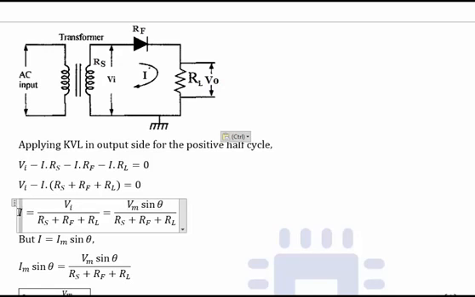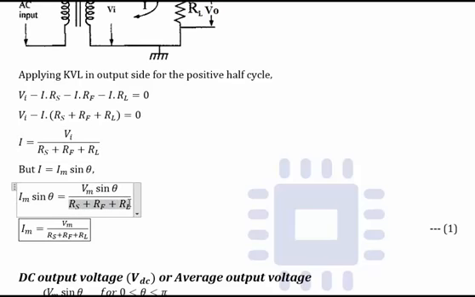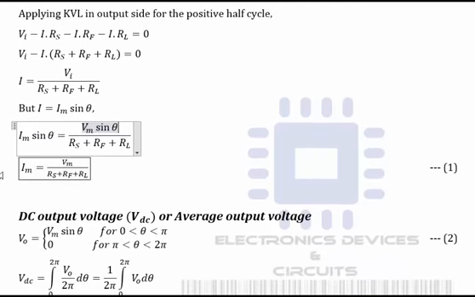The current is also sinusoidal if voltage is sinusoidal, because the current follows the nature of voltage because of Ohm's law. So Vi equals Vm sine theta, divided by the sum of Rs, Rf and RL. Sine theta gets cancelled from both sides, so you get the relation Im equals Vm divided by these resistances.